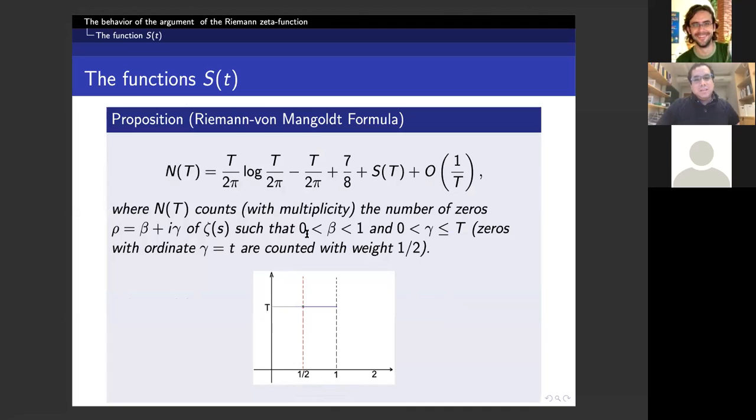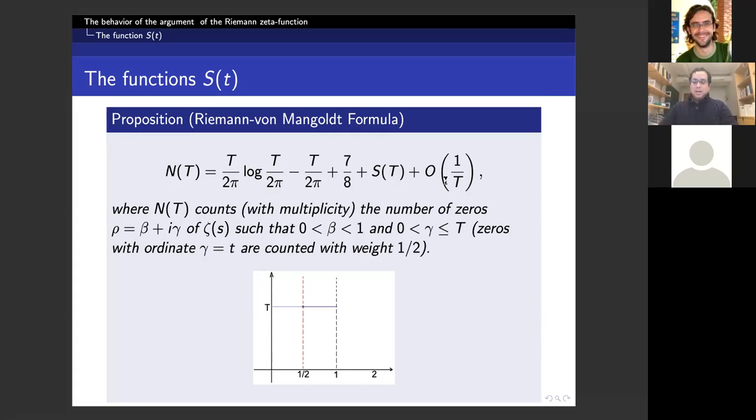Let me start talking about this beautiful proposition about the number of zeros of zeta in this rectangle here. So the Riemann-von Mangoldt formula states that the number of zeros in this rectangle has this form: t over 2 pi log t over 2 pi minus t over 2 pi plus 7 over 8 plus this special function plus an error term.